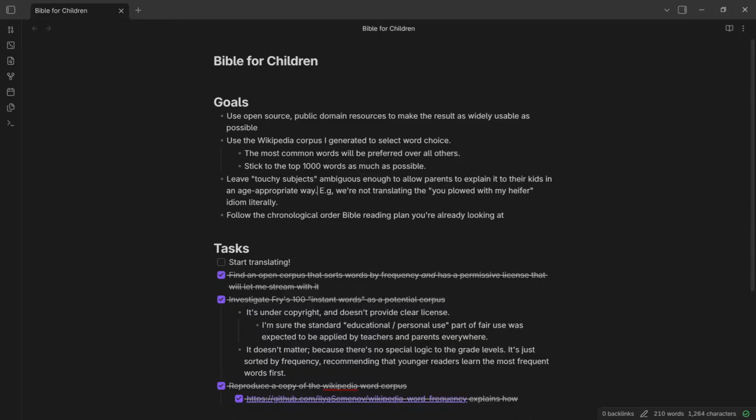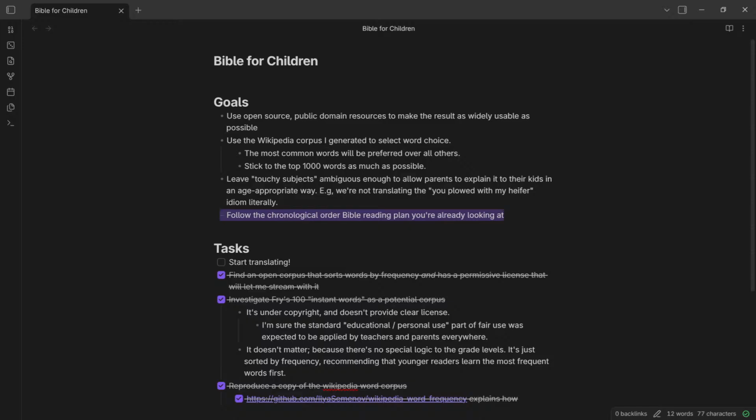We're not lying to them, but we're going to get them 80% of the way there, and then they can discover the truth on their own by reading a regular Bible, one that's not adapted for children. So the goal is to get them most of the way there, and to avoid touchy subjects and conflicts and stuff. We're not going to translate the "you plow with my heifer" idiom literally.